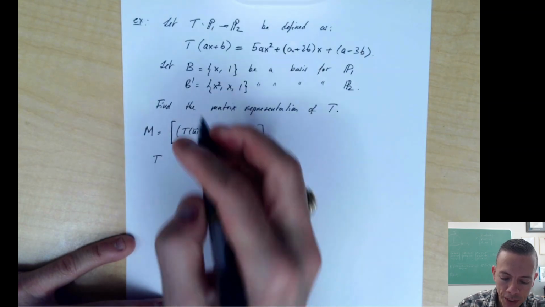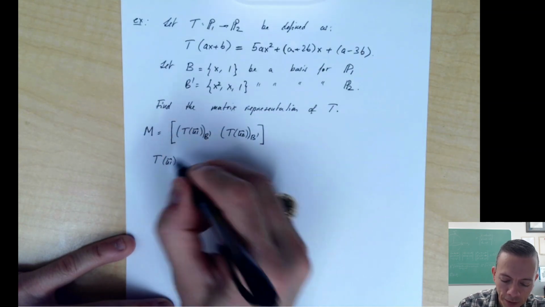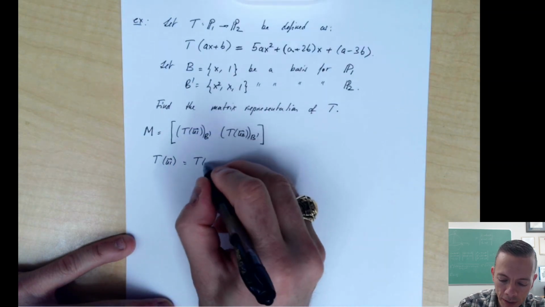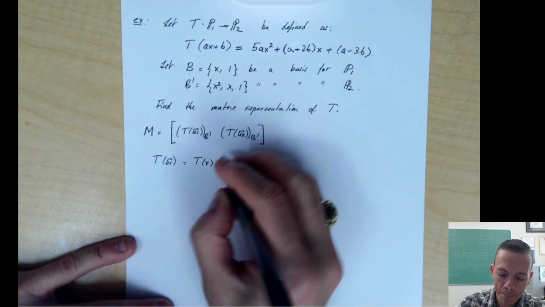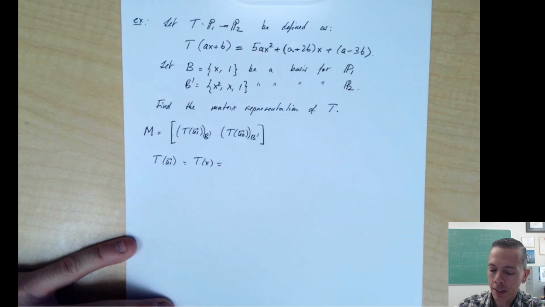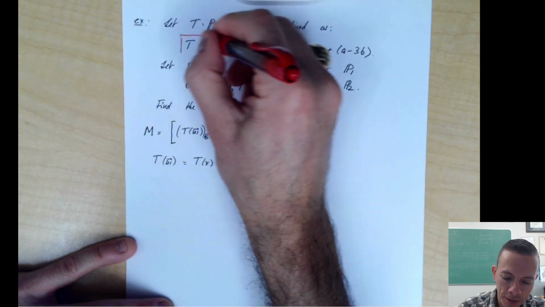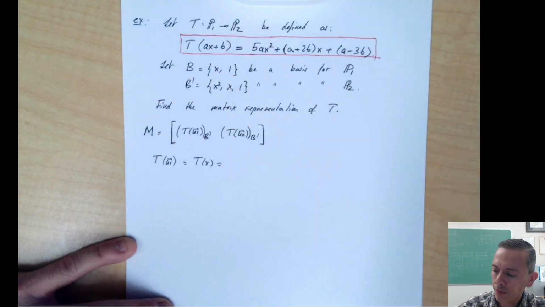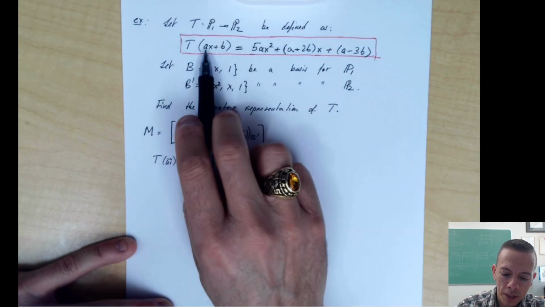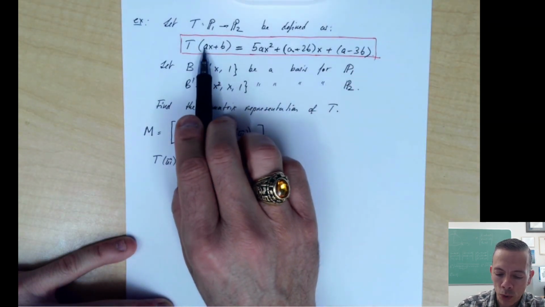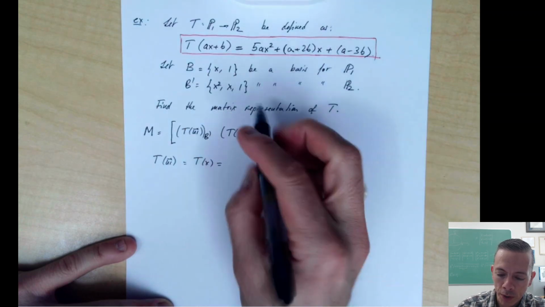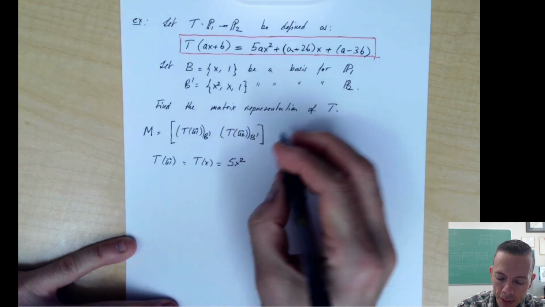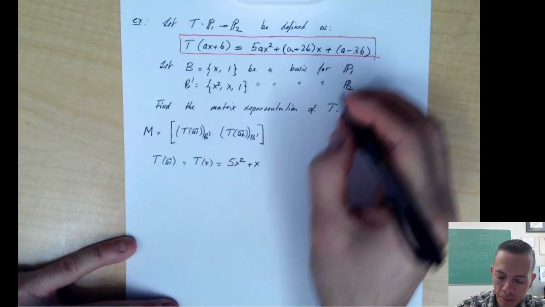First, starting with T of u1, which is the first vector in the basis B, the vector x. If you plug the vector x into the function T, it's the vector such that a equals 1 and b equals 0, so on the other end this gives you 5x squared plus 1 times x plus 1.